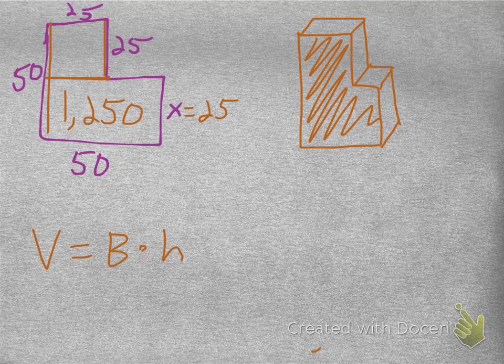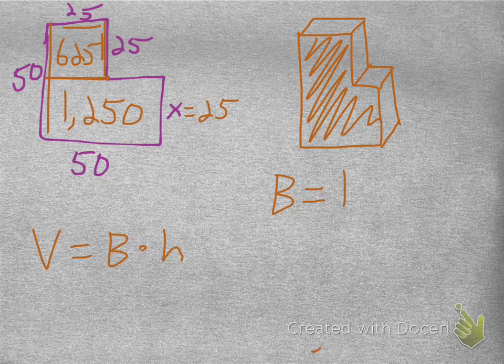Now what is 25 times 25? 625. Which means the area of our base, which we're going to say is the capital B, if we add those together, you're going to get 1,875. That's our base.